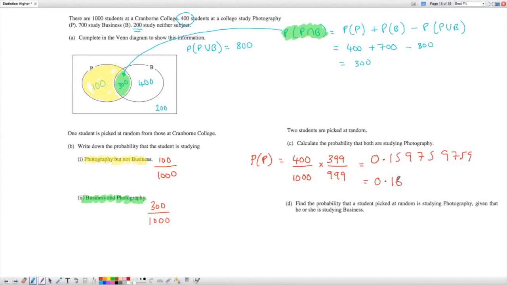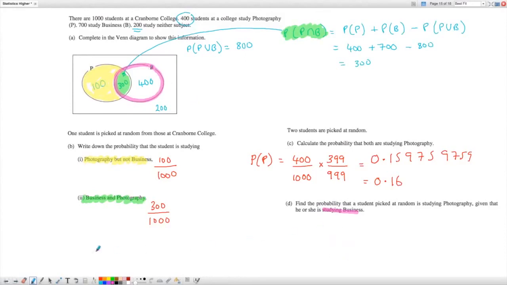Find the probability that a student picked at random is studying photography given that he or she is studying business. So this is really important. First, we need to identify that if a student is studying business, they must be within this circle.